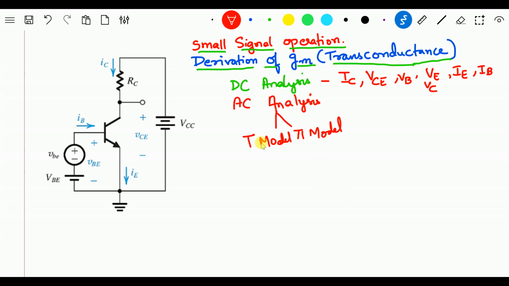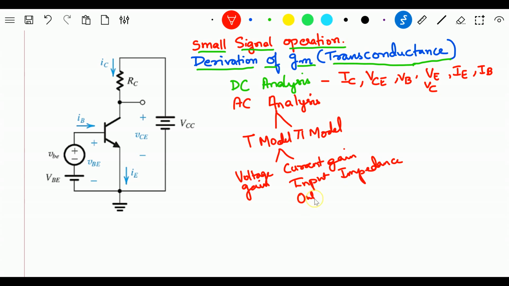These two models allow me to derive the equation for voltage gain, and the derivation for current gain. They give me a way to measure input impedance, and also a path for measuring the output impedance, and so on.